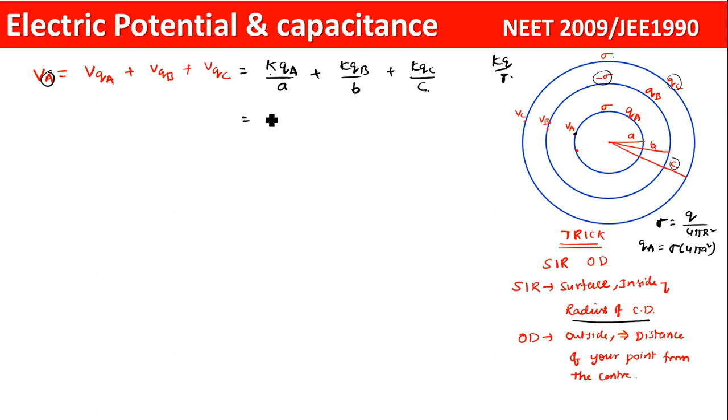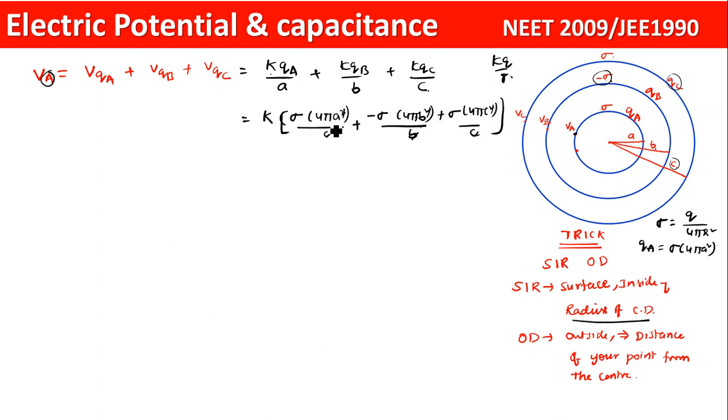K I can take common: sigma into 4 pi a square by A, plus minus sigma times 4 pi b square by B, plus sigma times 4 pi c square by C. This A, this B, this C gets cancelled.